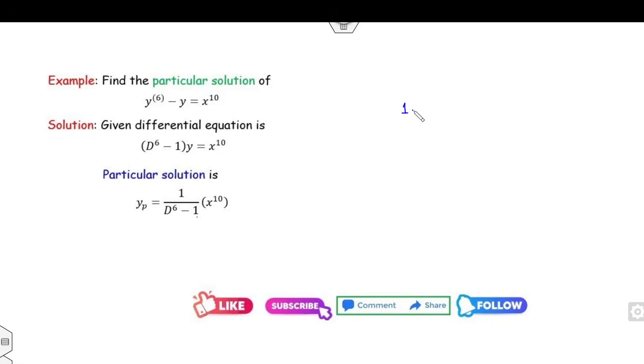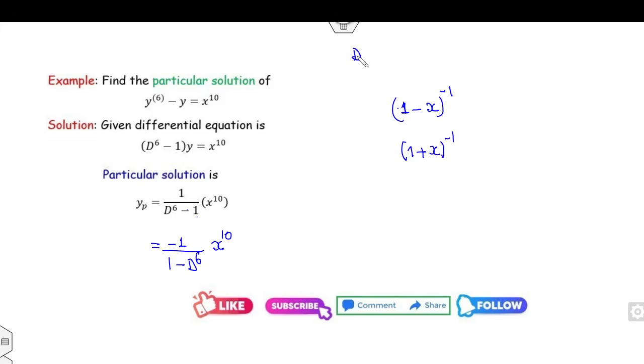Now, always remember you need either 1 minus x or 1 plus x. So I need a 1 which is a positive number. So here in this case it is negative. I can take minus 1 common, then it is 1 minus d raised to power 6.